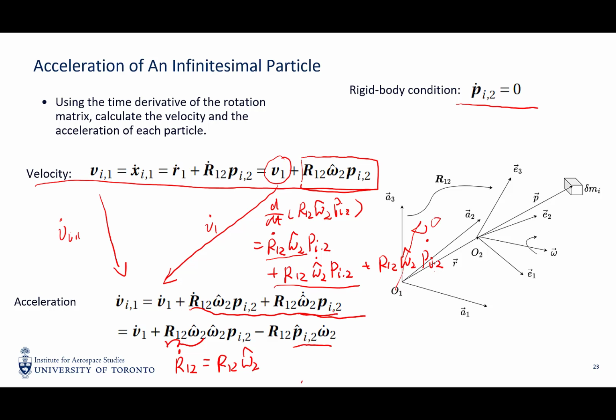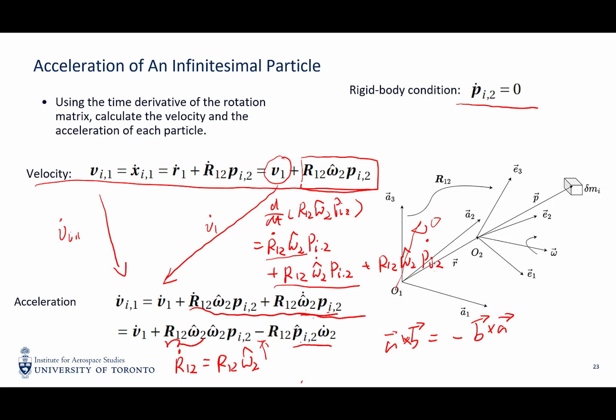And for the third term, because we know that A cross product B is equal to minus B cross product A, we can actually swap these two terms and add a negative sign here. Previously we have omega 2 dot cross product with pi2.